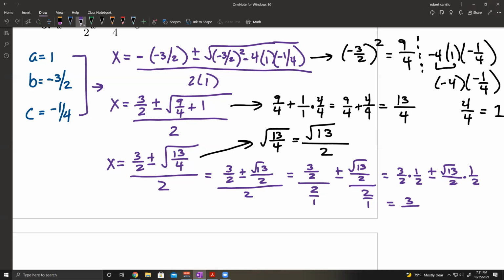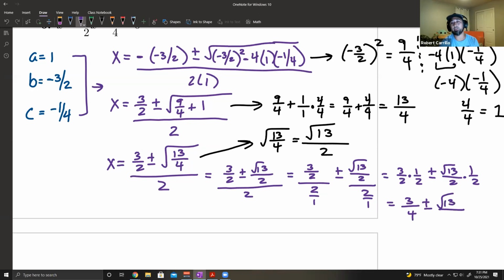Three over 4. Good. I was like, what's 2 times 2? 3/4 plus or minus square root of 13, also over what number? 4. There's our final answer, guys.